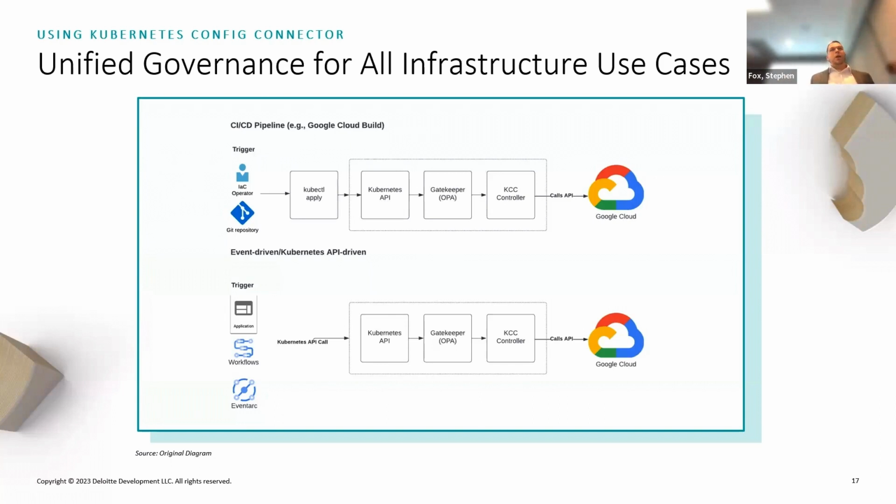The Gatekeeper policies will actually dynamically stop resources that aren't allowed to be provisioned before anything actually happens, which is quite cool because now you're not limited to just going through the pipeline, but you also have some policy enforcement that supports the kind of imperative use cases, essentially.